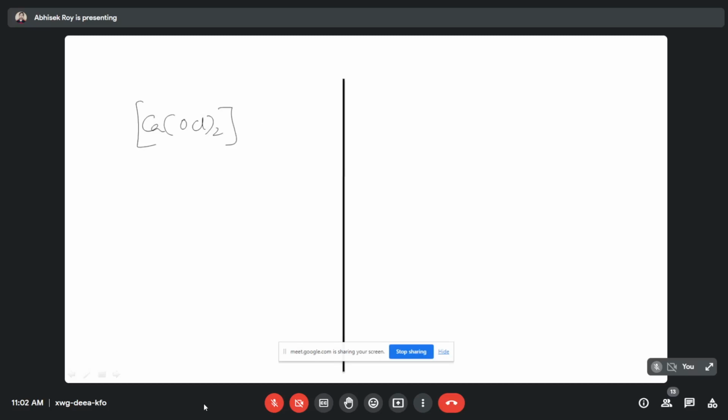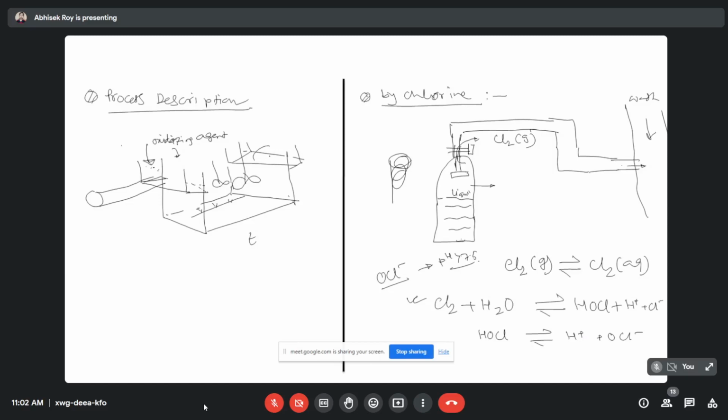This is available in the market, or we can purchase dry calcium hypochlorite also. Now as I am telling you, once chlorine is in the aqueous solution and its pH is greater than 7.5, the predominant form will be OCl minus.